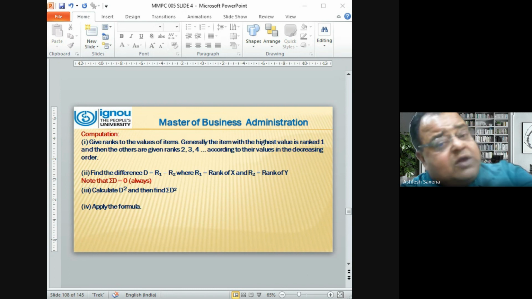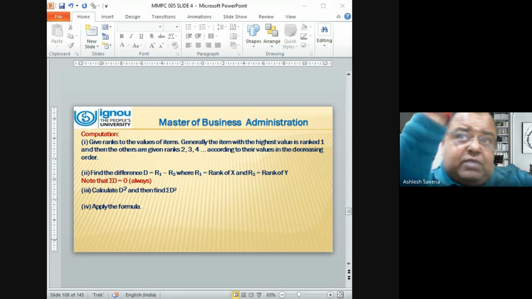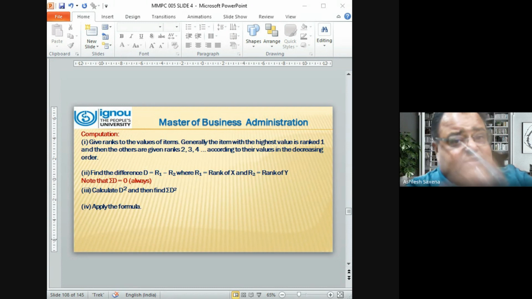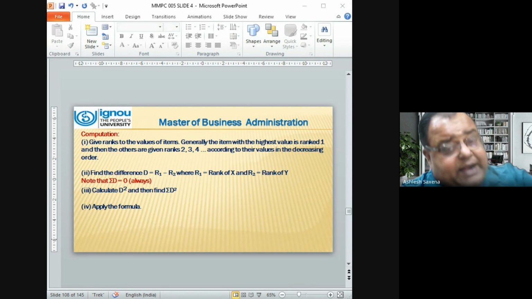In the third column you have to calculate the difference between the ranks, that means R1 minus R2. And you have to remember one thing, that the summation of D, when you add all the differences, has to be 0. Then you have to calculate D square, and then add all the values of D square, and then apply the formula.